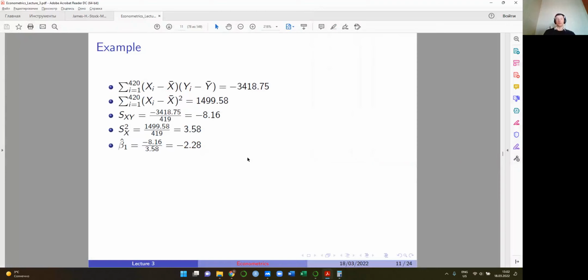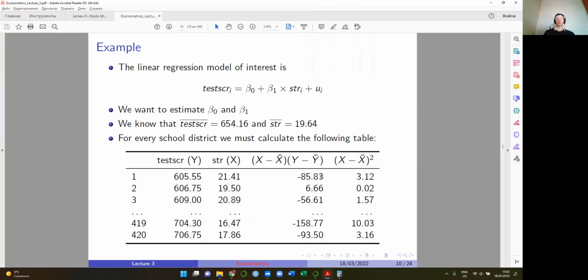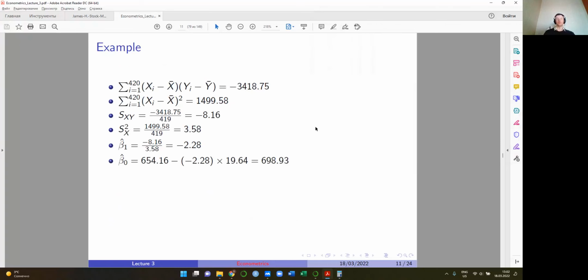Now this is beta 1 hat, and beta 0 hat can be calculated with the help of this formula, y bar minus beta 1 hat times x bar. We know this is y bar, this is x bar. We take them, plug in minus 2.28 to get 698.93. So overall, the estimated regression line, this is not the same as the population regression line, looks like this.